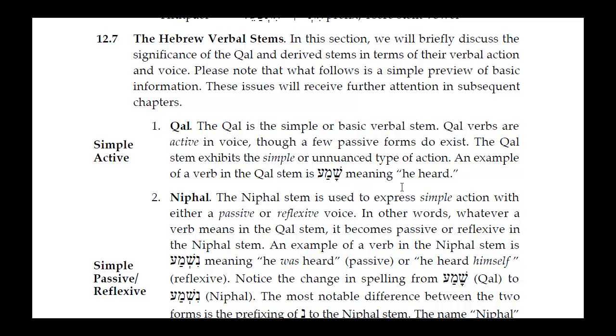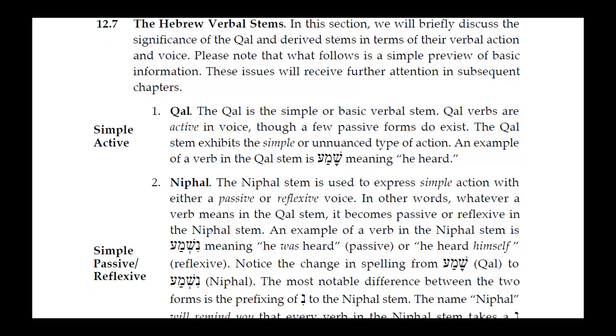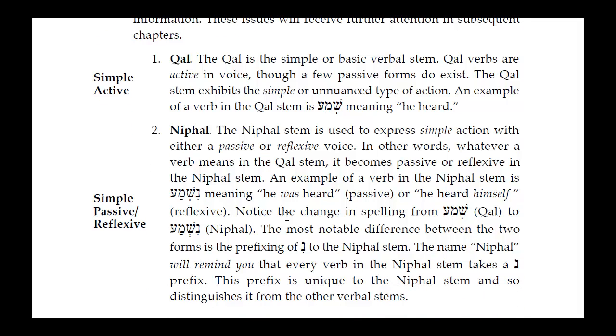The Niphal stem is used to express simple action with either a passive or reflexive voice. In other words, whatever the verb means in the Qal stem, it becomes passive or reflexive in the Niphal stem. An example of a verb in the Niphal stem, again using shama, is nishma, meaning he was heard, which is basically passive.